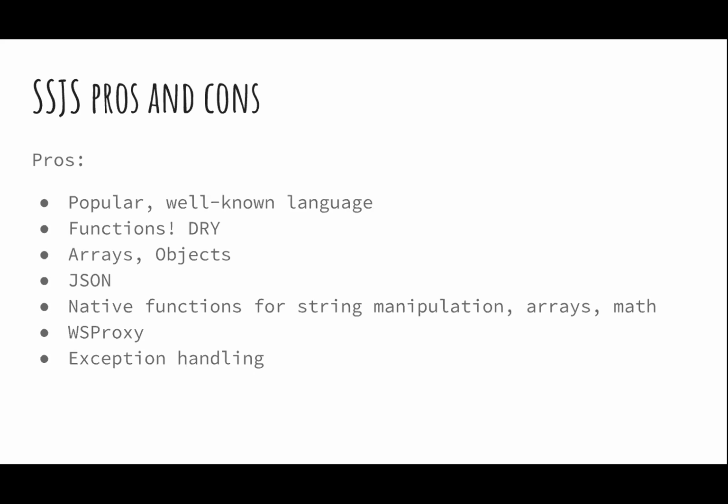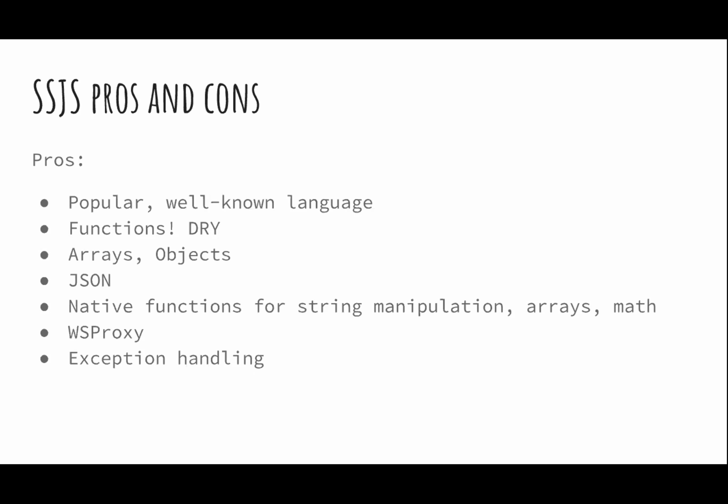It keeps the code concise, clean and modularized, and stops you from repeating yourself in the code. SSJS also has arrays and objects. Just going back, functions, arrays and objects are native to the JavaScript language itself.